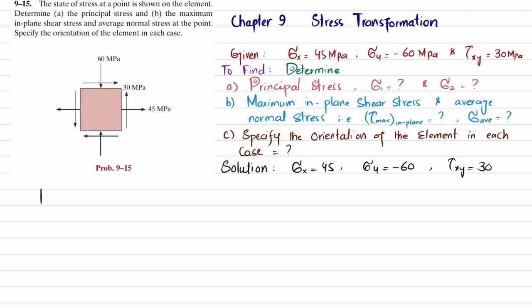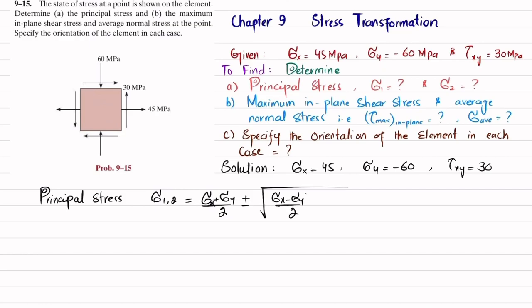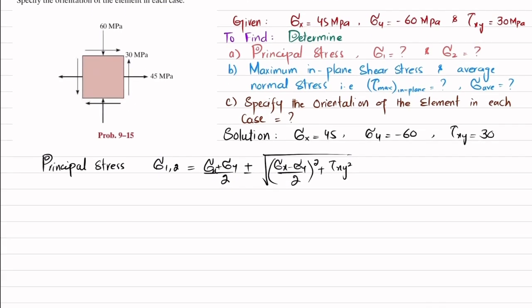So we know that the principal stresses, sigma 1,2, is equal to sigma average, or we can say sigma x plus sigma y divided by 2, plus minus the square root of sigma x minus sigma y divided by 2 whole square plus tau of xy whole square. Now you have each value, you can find it.